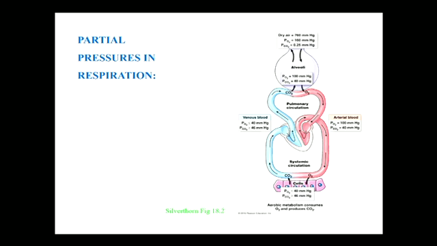And Silverthorne, lo and behold, I was actually incredibly excited, which shows you how boring my life must be, that in fact I could use a Silverthorne diagram. Lo and behold, this is as good as any diagram that you'd find in other books. So this is Silverthorne, figure 18.2. And it just gives the numbers of what's happening around the body.